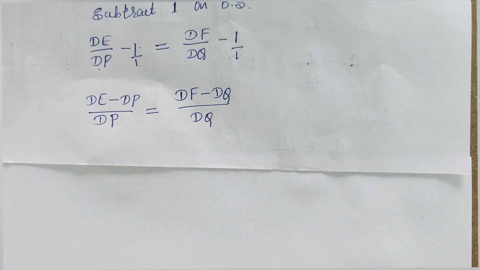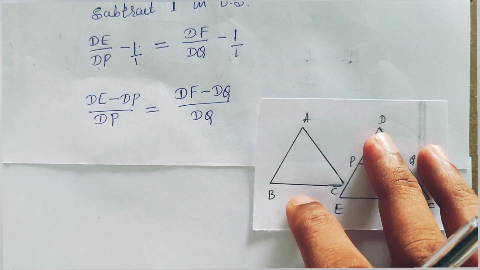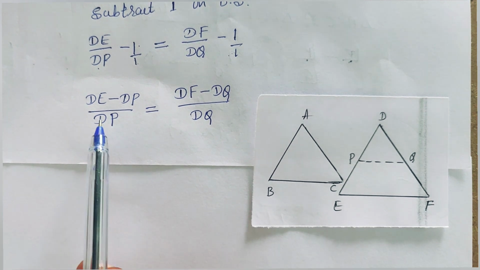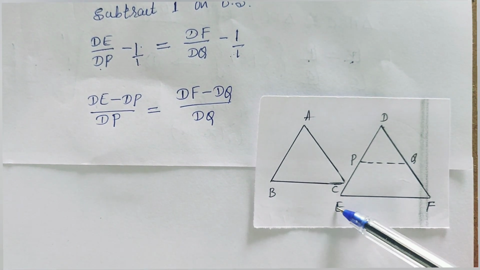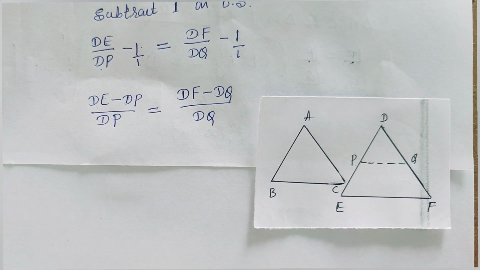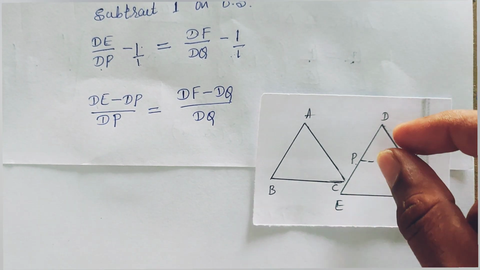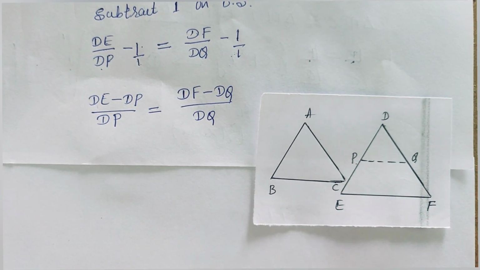Now from the figure you can see the figure now. So from the figure we can come to know that DE minus DP. Observe the figure here, DE minus DP. In total DE, if we remove DP, I remain with PE only.